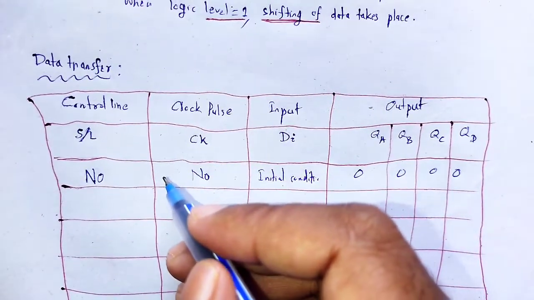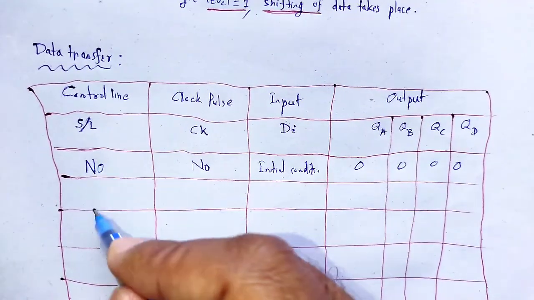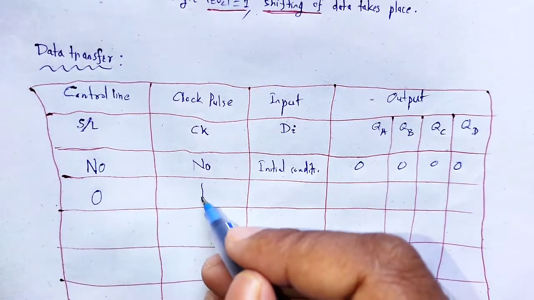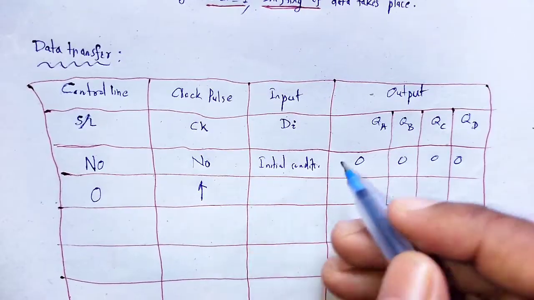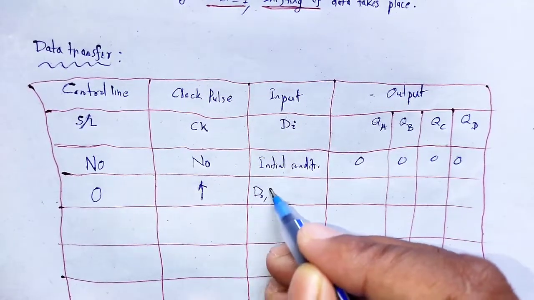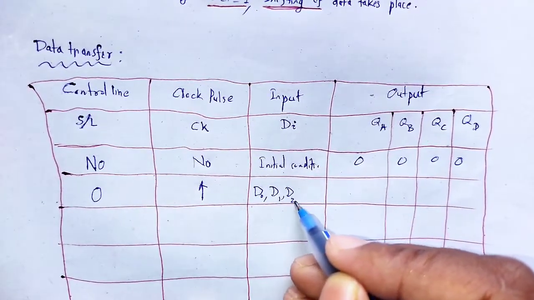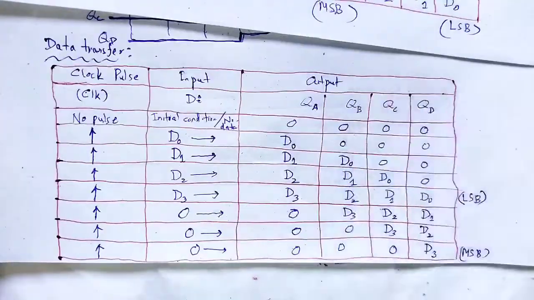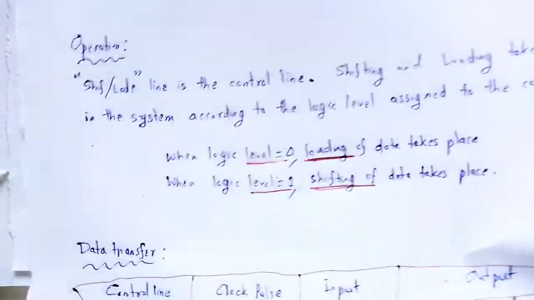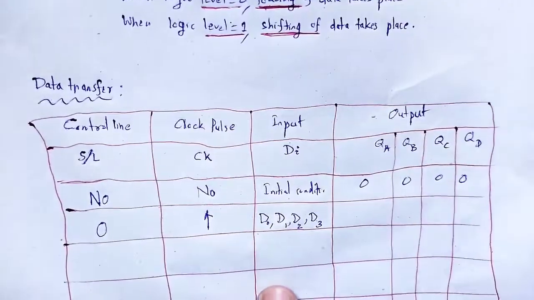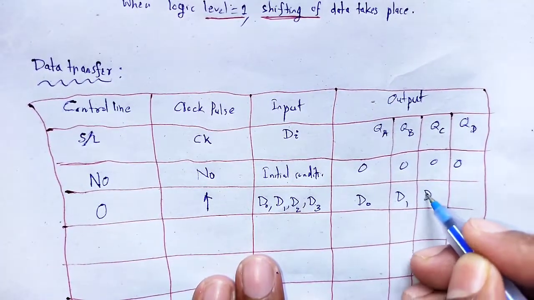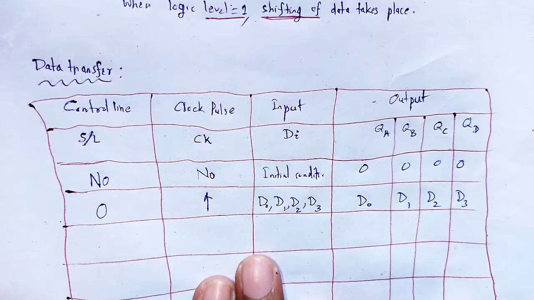But when the control, shift load control, is 0 and pulse is given, D0, D1, D2, D3, all are loaded. Level is 0, all are loaded. So the output we have D0, D1, D2, D3.